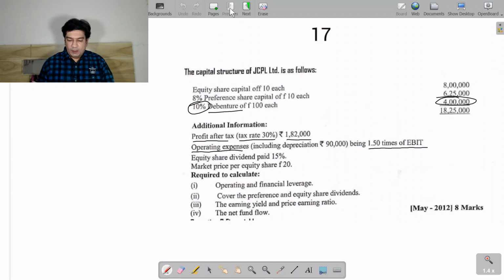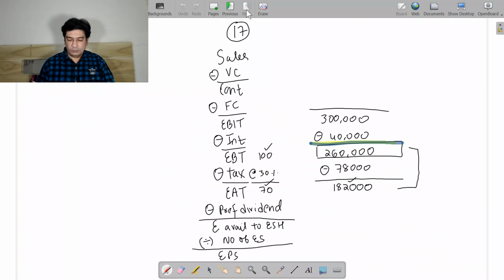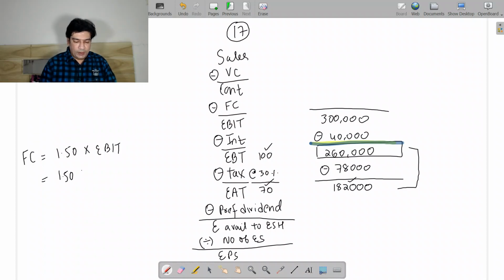Now they have told me that the operating expenses, these are called fixed operating expenses, are 1.5 times of EBIT. So I can say my fixed cost is 1.5 times the EBIT. Obviously this fixed cost includes depreciation, which we will discuss later. So 1.50 into EBIT, which is 3 lakhs.